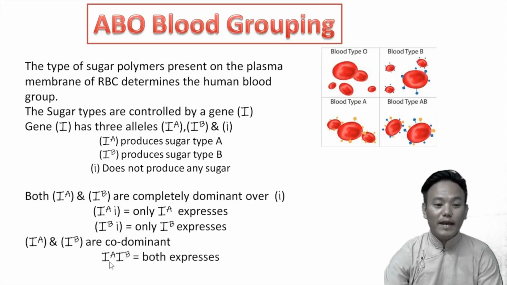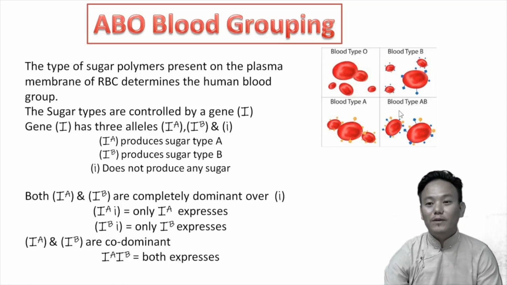When a person has this genotype, IA along with IB, both IA and IB will express and the resulting phenotype will be blood group AB. Over here you can see that this particular RBC has both sugar type A as well as sugar type B, and it happens only when the genotype is IA-IB.